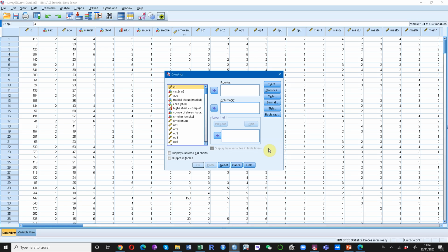But crosstab itself does not give us a statistically significant indication of whether there is a difference between male and female in terms of smoking habits.